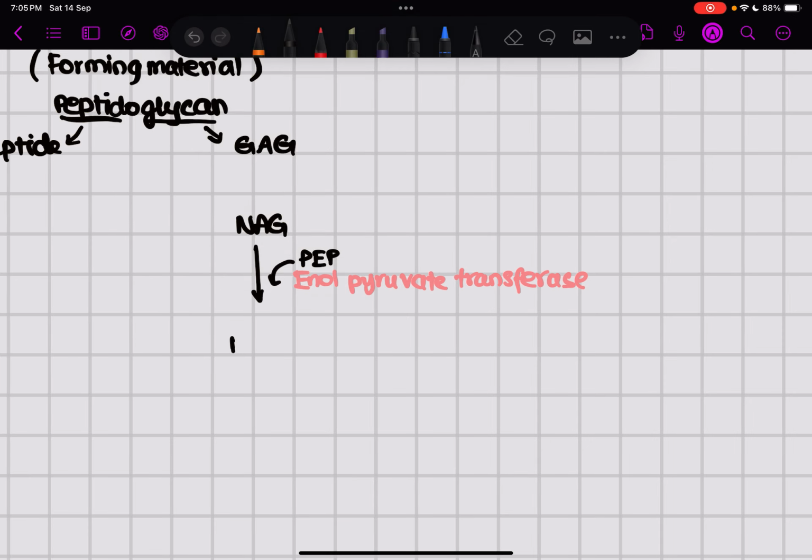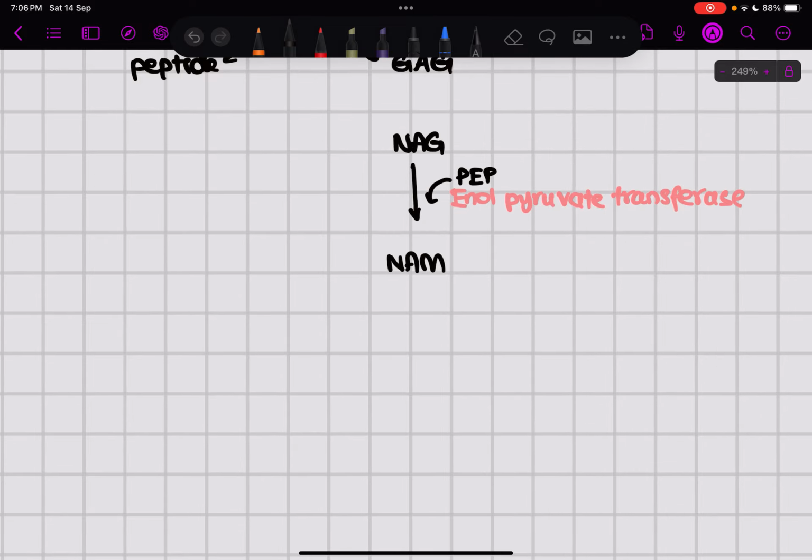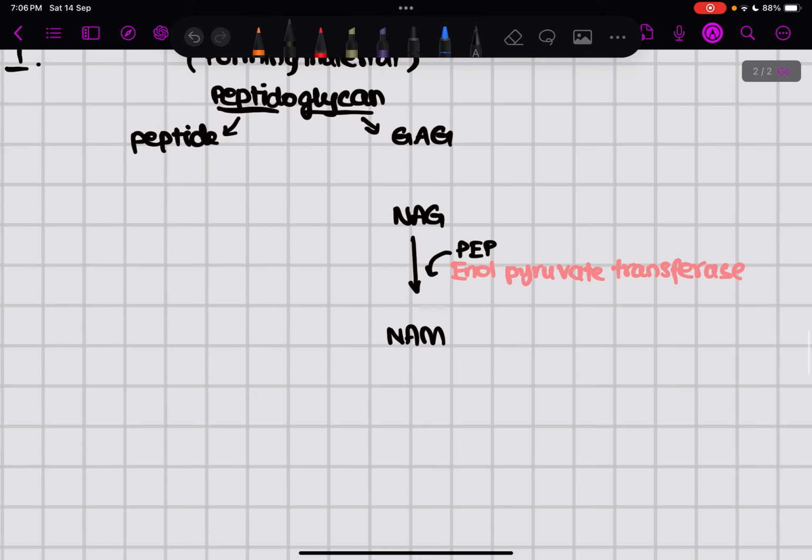Now on adding this we get N-acetyl muramic acid, that is NAM, with the enzyme enol pyruvate transferase. Now this will be getting attached to another unit along with a NAG and bactoprenol phosphate. Let us leave this at this part.